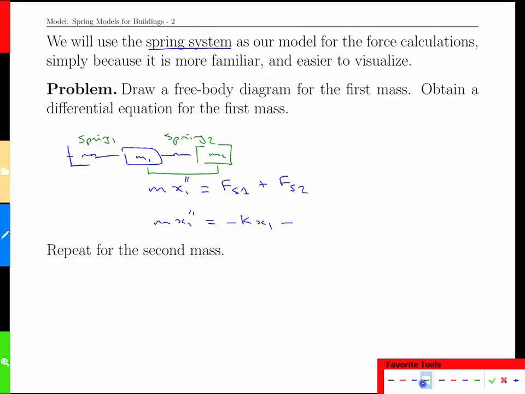What we care about is the distance between m1 and m2. So there's an x1 minus an x2 in there, and there's going to be a k. And the question is, does this make sense? All right, well, let's imagine in isolation those two masses relative to one another, and we're interested in this force applied to mass 1.